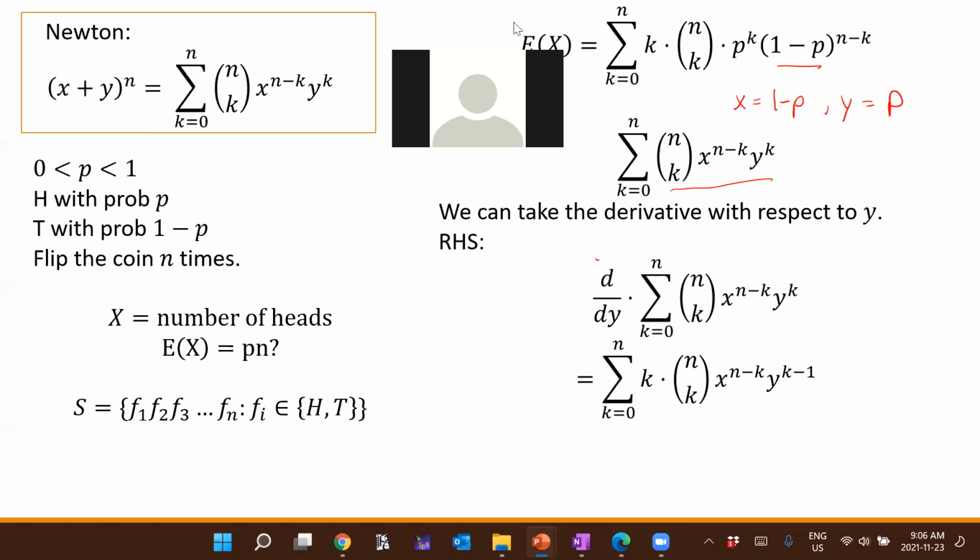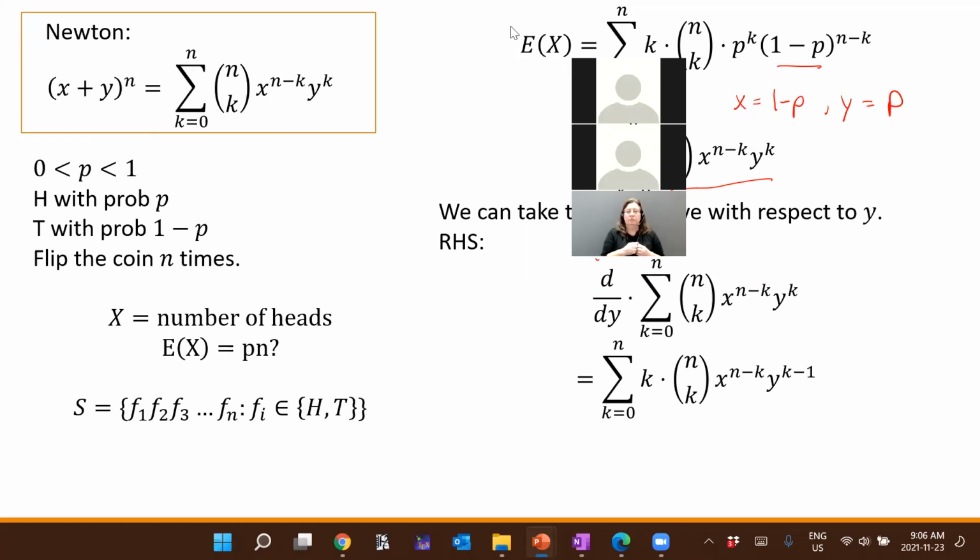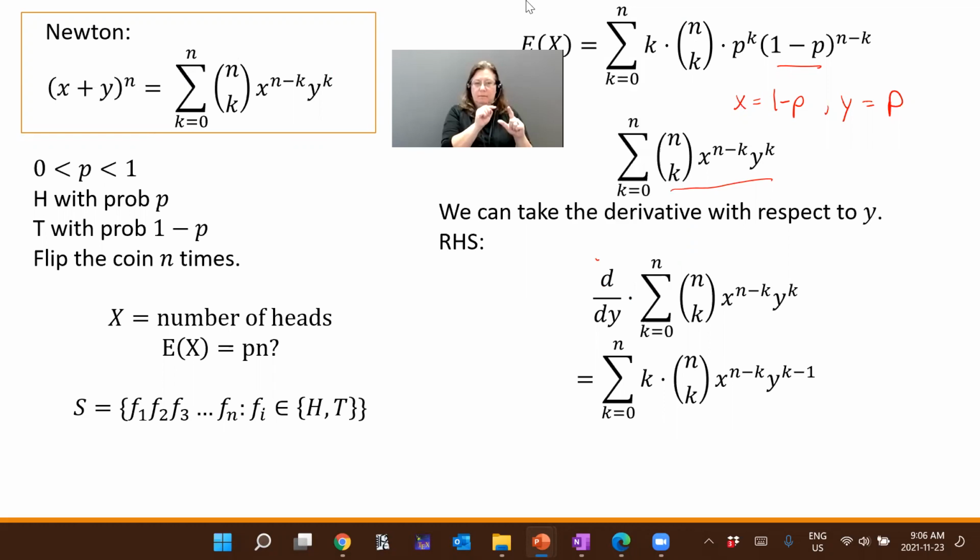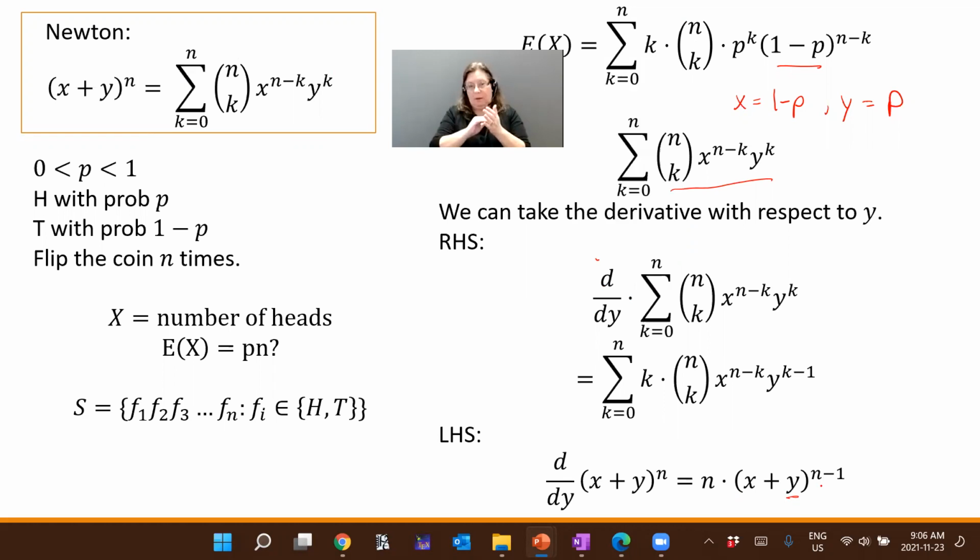And then we have the left-hand side, we want to take the derivative with respect to y. So here, again, we take down the n, and then we have n minus 1 here.